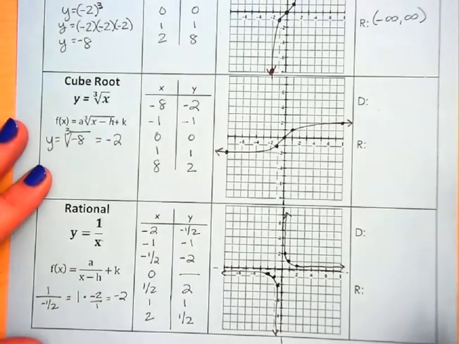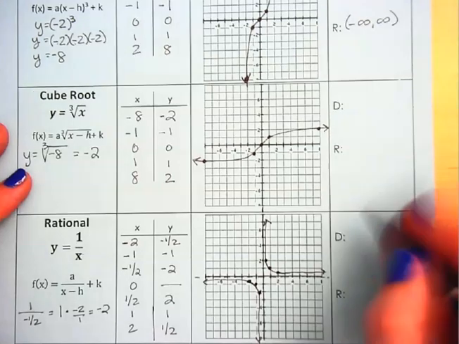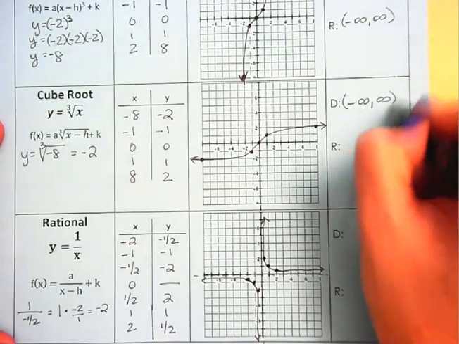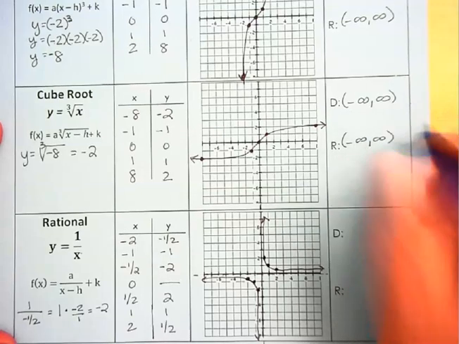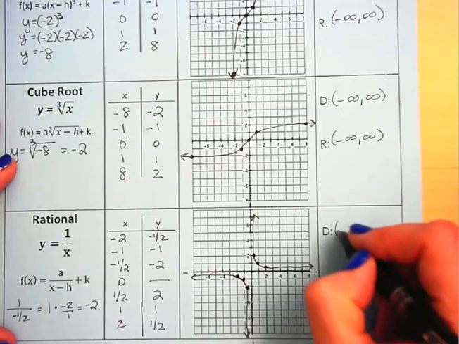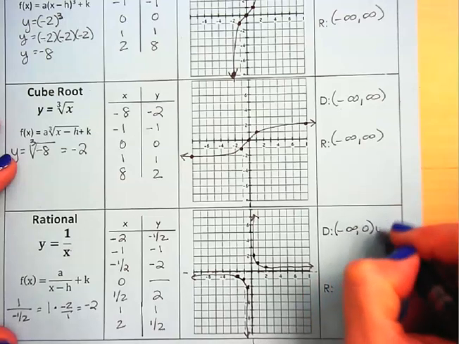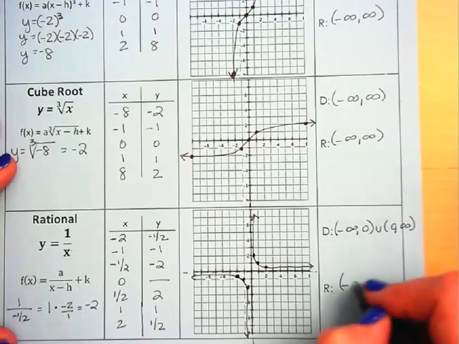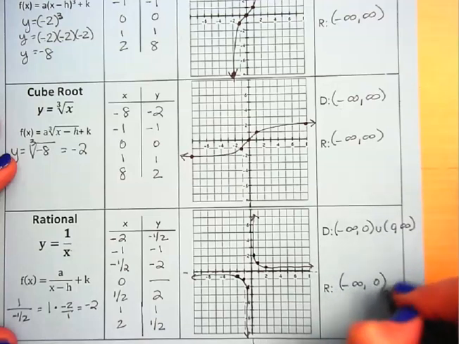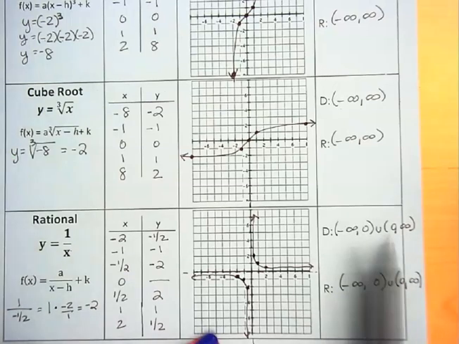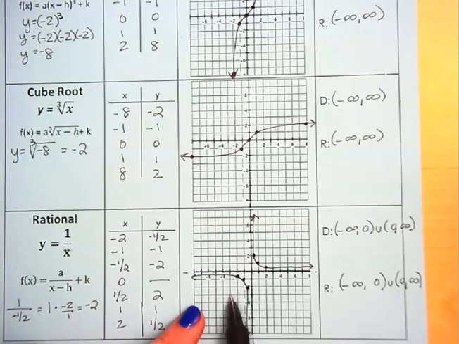And then the domain and range. Oh, I forgot this domain and range. So let's finish this one up here for cube root. Now, because there's two sections on the rational, we'll have two parts of a domain joined with a U. So this is the domain for this left section, -infinity to 0.